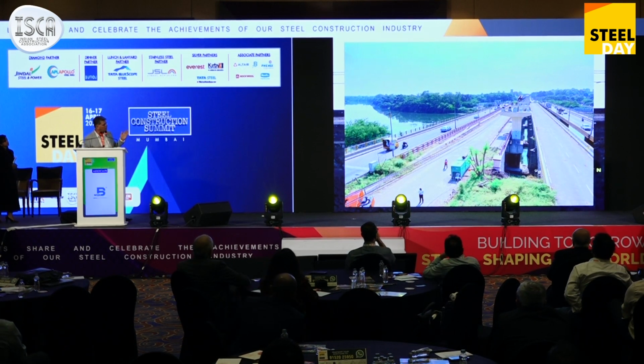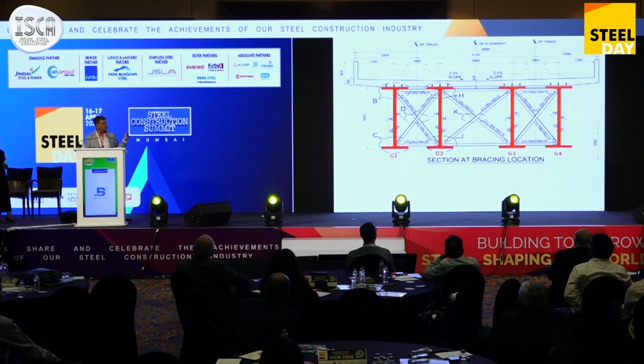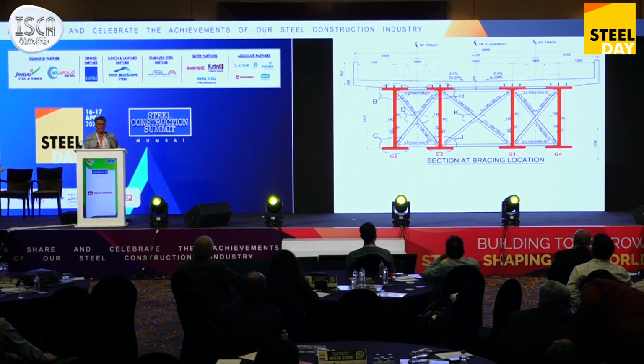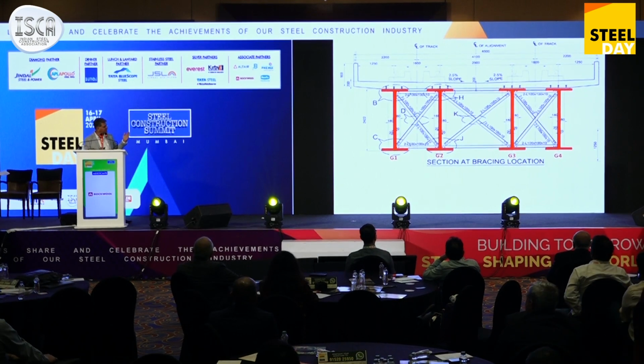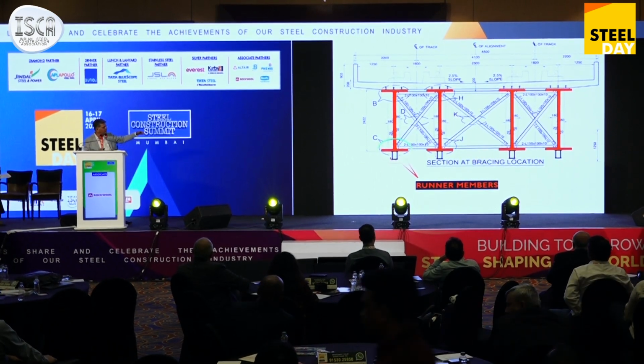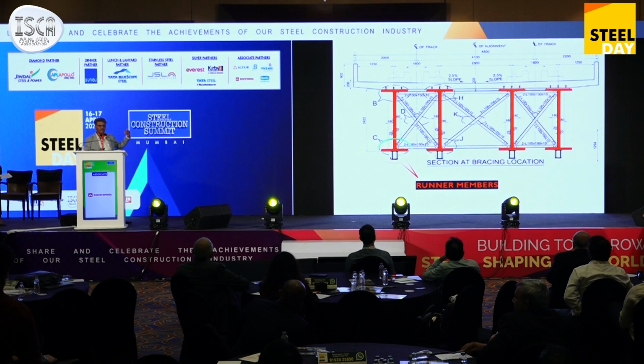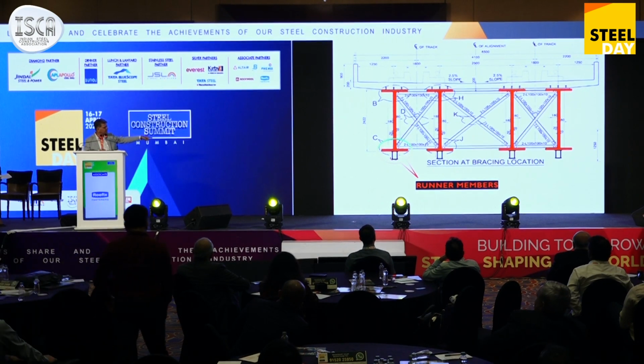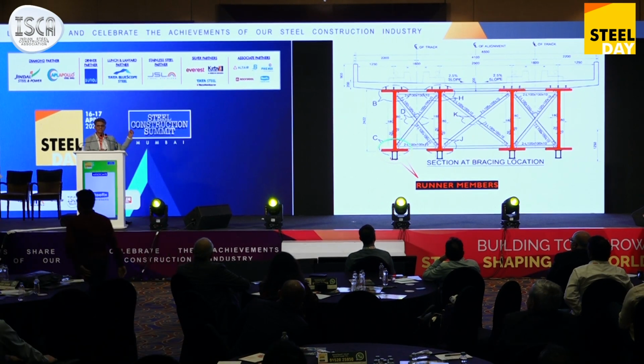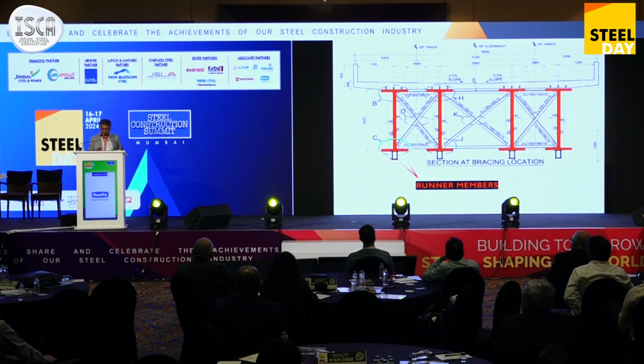The cross section of the bridge to be constructed in between has 4 girders per span. We have made 2 girders each as a single unit, and they have been erected behind the abutment, behind the rear span. You can see a runner member, an extra member we have given below the flange.